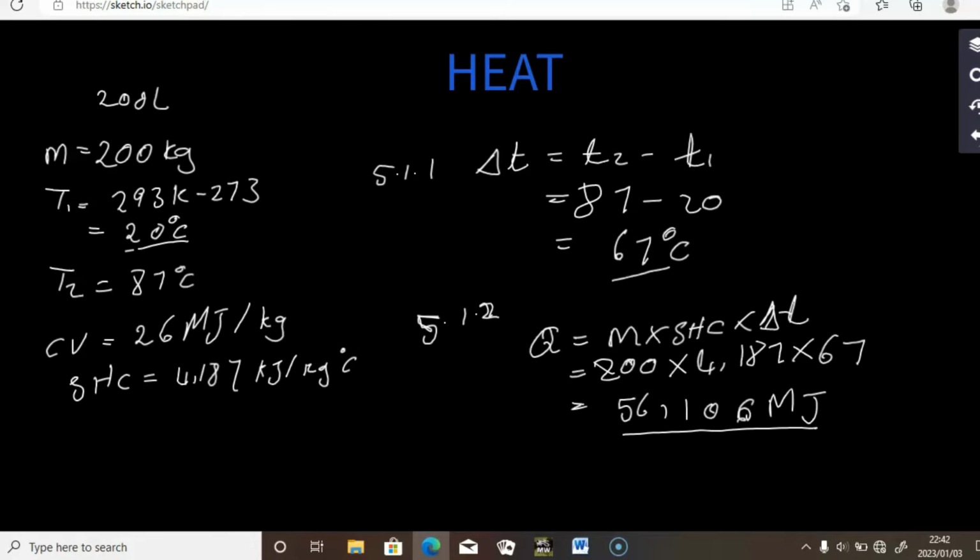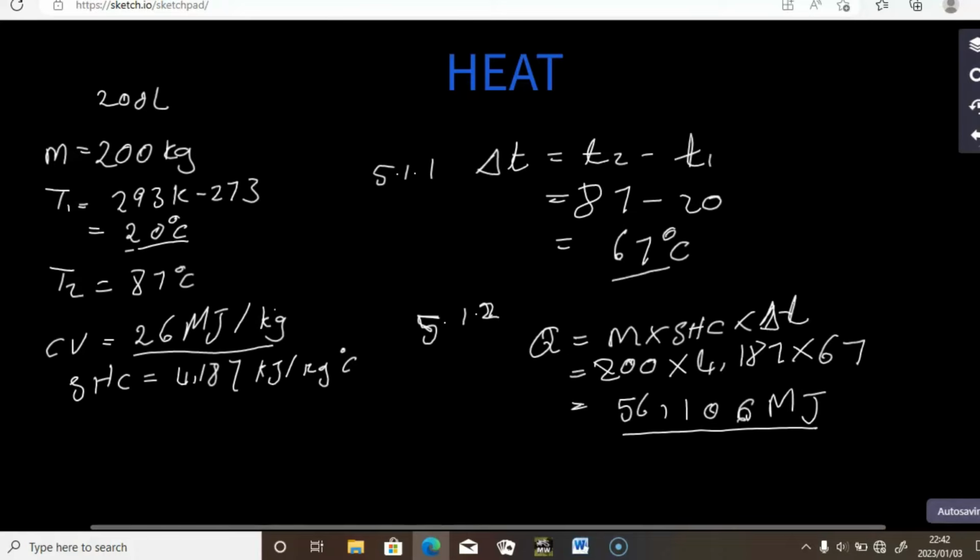Then we move on to the last question. They say, calculate the quantity of coal required to heat the water. So to get the quantity of coal, we are going to use the heat value, which is the amount of heat energy that we are expecting from the coal when 1 kg of it is completely burned.